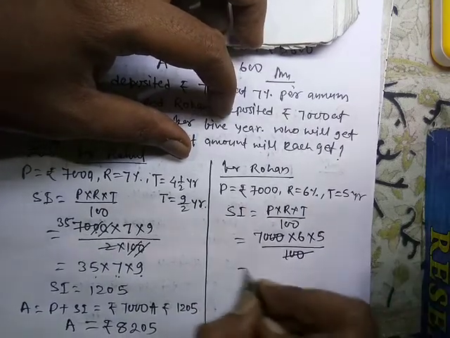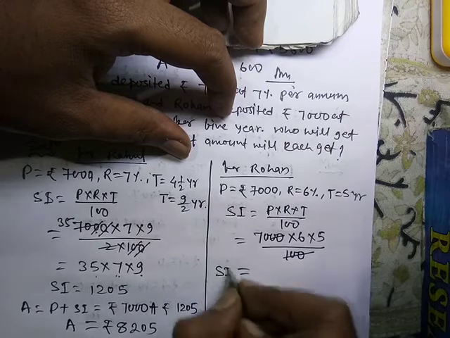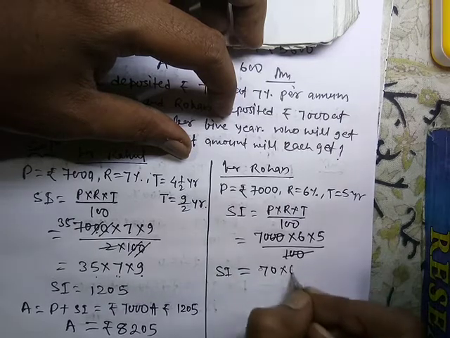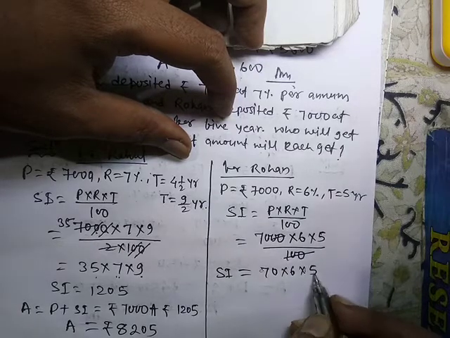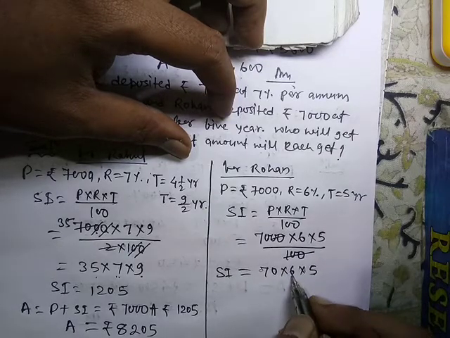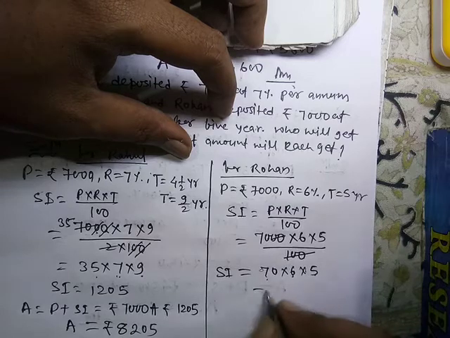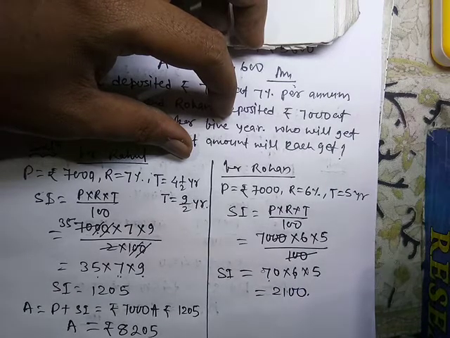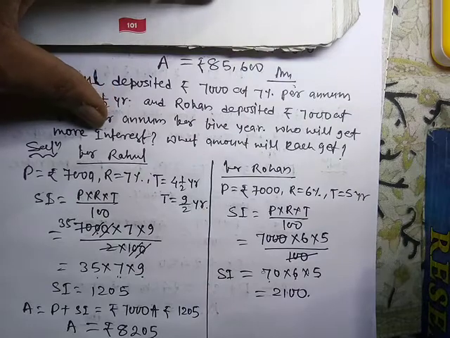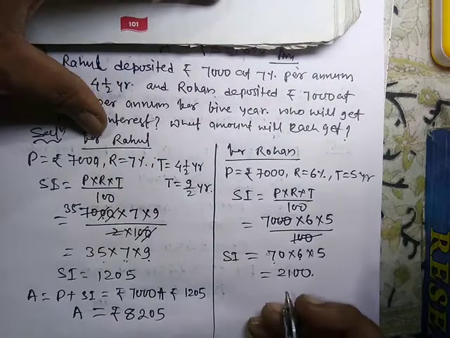Now multiply: SI is equal to 70 into 6 into 5. After multiplying we get 5 into 6, 30, 30 into 70, that is 2100. There is some mistake in the calculation.